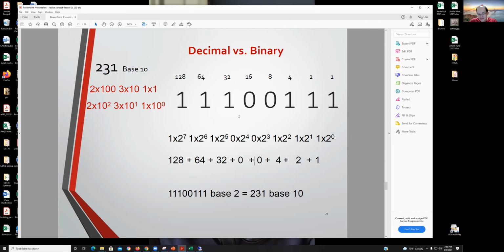We're not going to go too crazy with this, right? So we're going to have 8 bits or a byte, as I said before. And then you can go 1 through 128 here like this. And then you can say wherever there's a 1, just take that number and then add them all together, right? And that's your way of doing a conversion, okay?